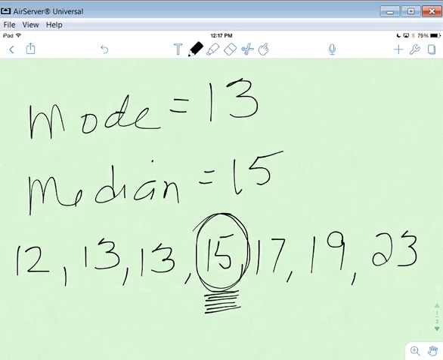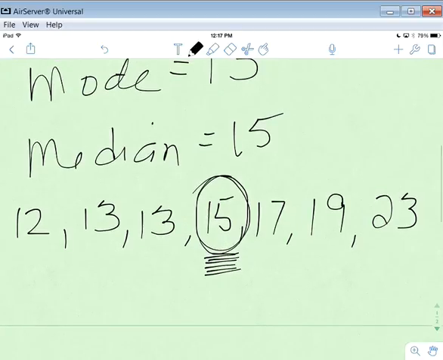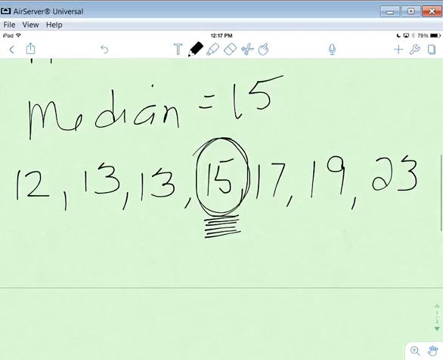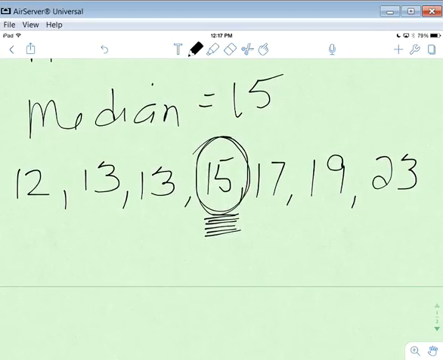And you've probably seen this in your text, but if you have a set of numbers that is not an odd number, in other words, if you had 8 or 9 numbers in a set, then the median is going to fall somewhere in the middle here. So what you do is you take the 2 numbers on each side of that.